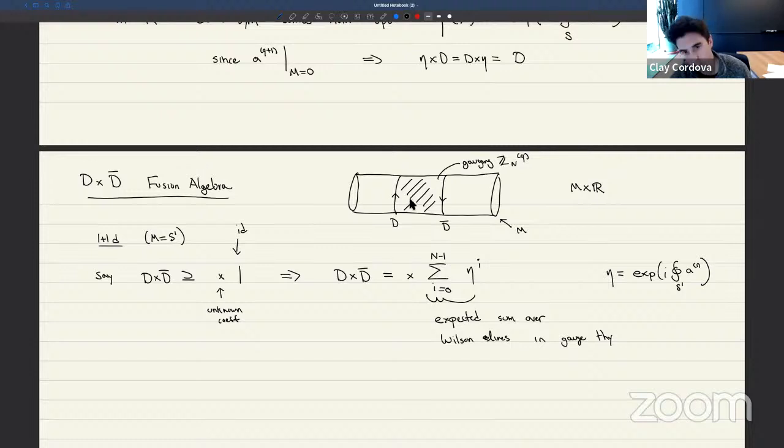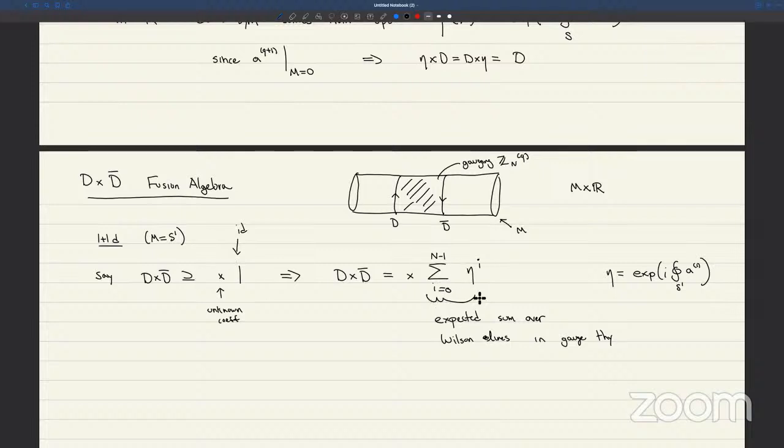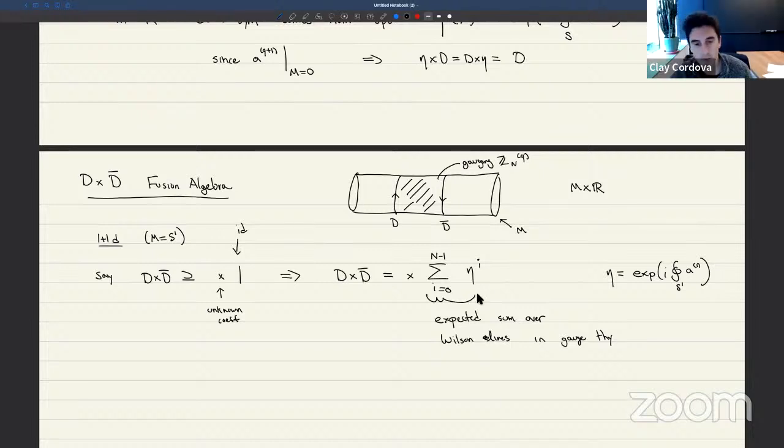That's the definition of the D times D bar composite. And so if you do that, you would directly get this sum right here. So this was more a way of motivating this formula, but more logically, you might proceed that way. Then you can be convinced that there's no gap.